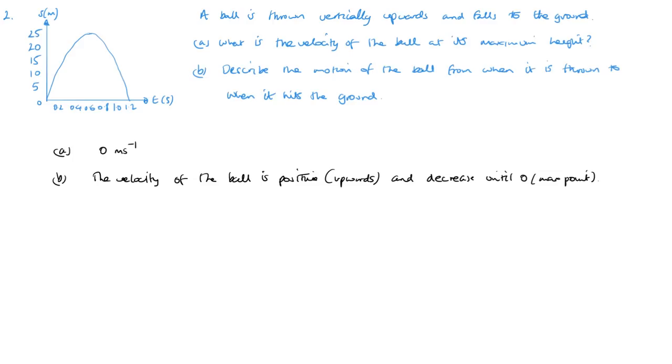And then after that, the velocity is negative, because velocity has direction. Okay, so the positive and the negative signs just mean opposite directions.